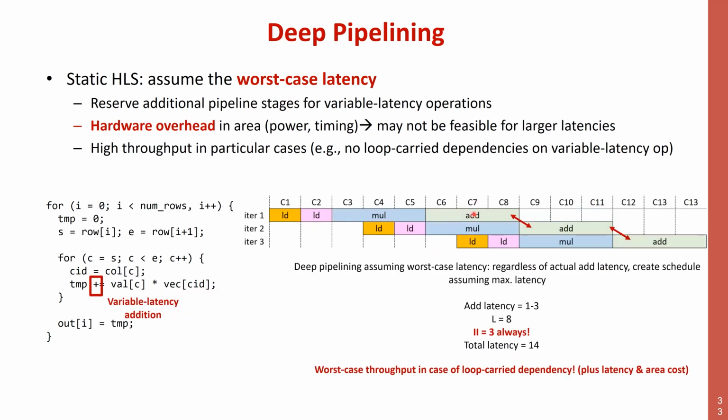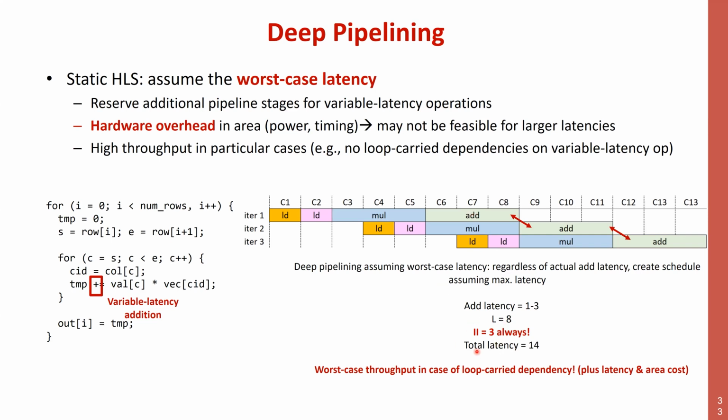Now, this is not true if the variable latency is somewhere else, right? For instance, if it is the adder that has a variable latency. And again, now, if I have to assume worst case latency, because this is the only way I can design a schedule that is good for all seasons, whatever happens, because it's static, now I'm impacting the II.